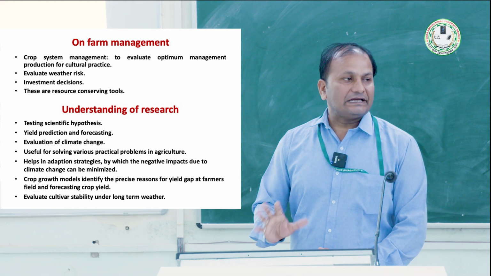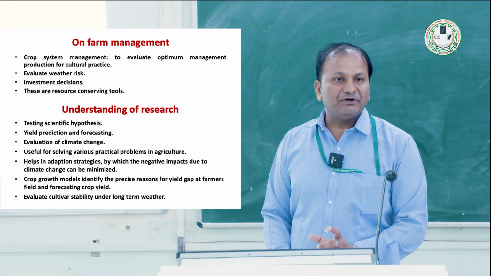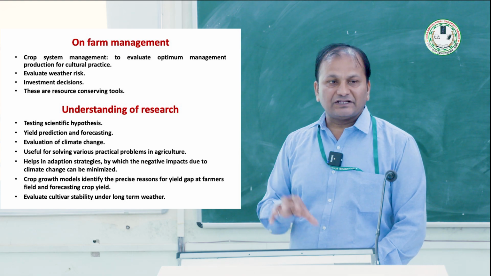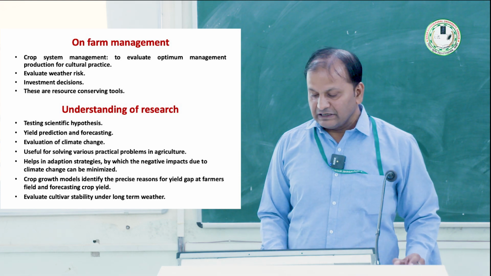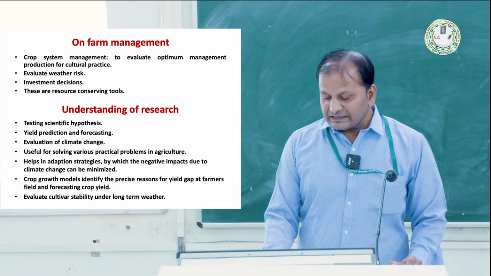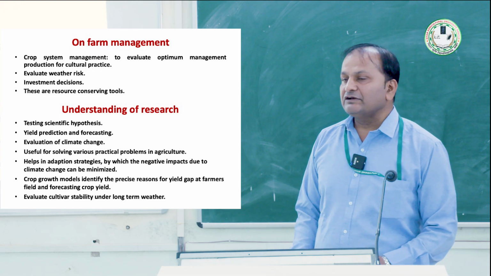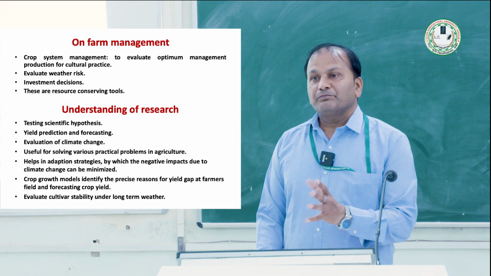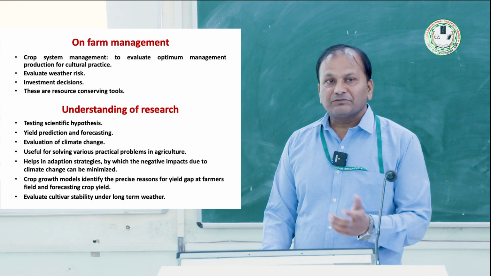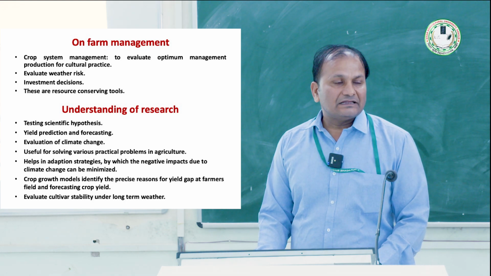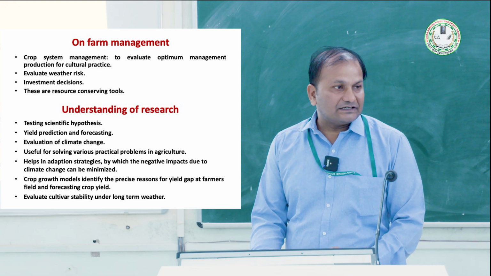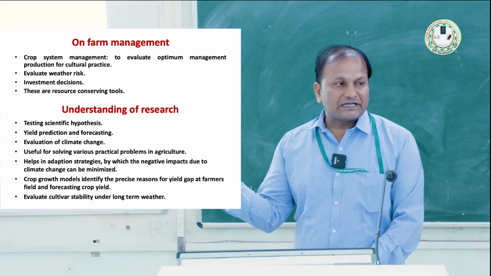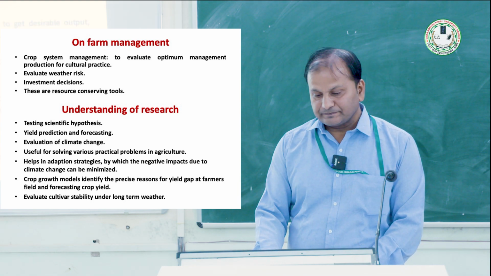That gap is called yield gap. Then it is also used for evaluating cultivars, means plant breeders are using different types of varieties and they are giving some new variety. So evaluation is there. For that the model is also used.